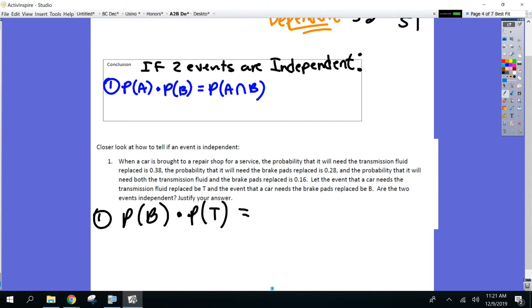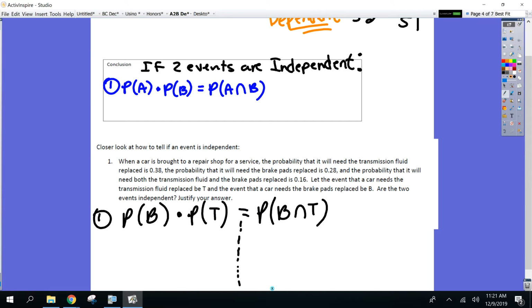The probability of B and T, brakes and transmission, if they are independent. If they're not equal, guess what? They're not independent. So I'm just going to draw a line down here so I can compare the two. You don't have to.